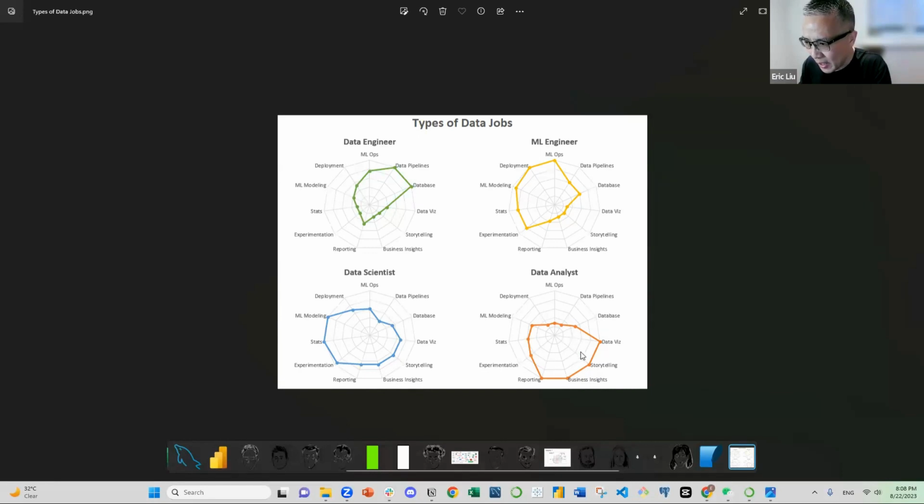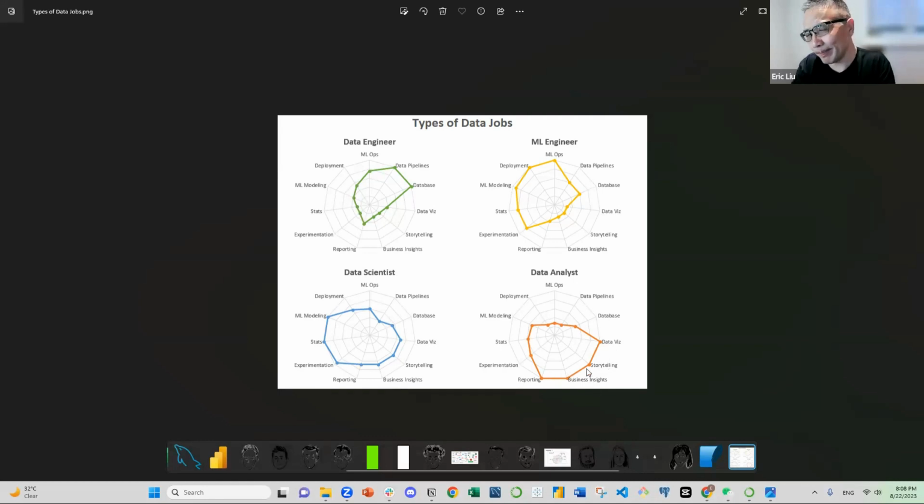And if you look at DA, just look at the skills that scored 5 points. And over here, you see data visualization is definitely important. And storytelling, data visualization and storytelling, and business insight and reporting.